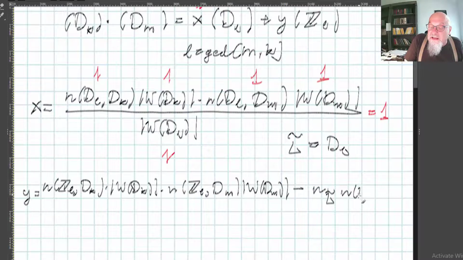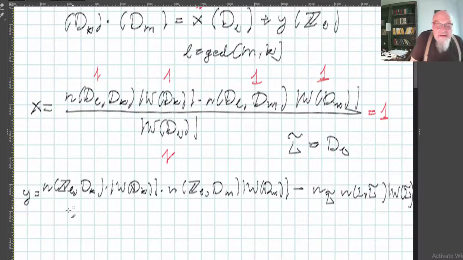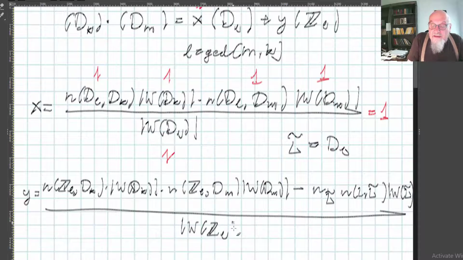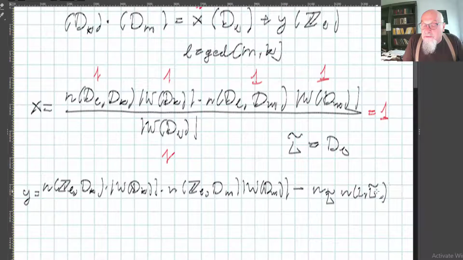And then you have here n(L tilde) and the absolute value of the Weil group of Dl tilde, and everything is divided by the number of elements in Zl. So let me write it. Maybe I should make it more precise. So, okay.